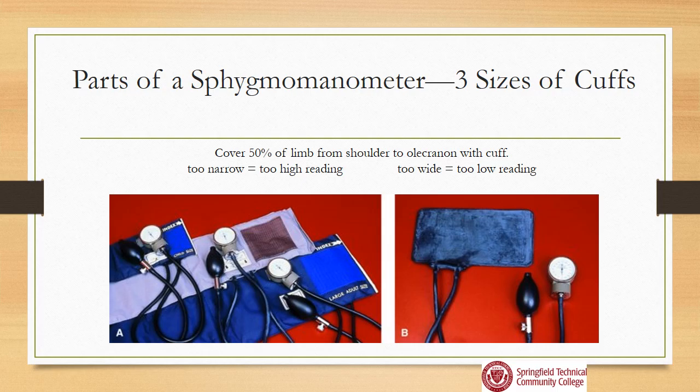If it's too wide, you're going to get too low a reading. And there are cuffs that are made for many patient sizes. I've used pediatric cuffs on little frail elderly women, and also you will have large adult cuffs for patients who have high body weights or large arms. Make sure you use the correct size of cuff for your patient.